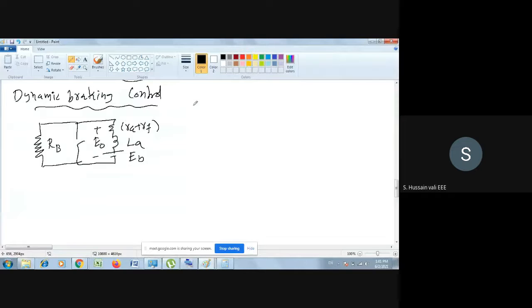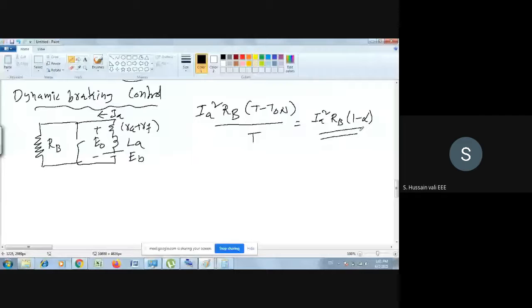IS into IA, so IA square into RB into (T minus T on), whole divided by T. This is the average power dissipation in RB. This is the formula we got there. Here also the same thing: IS square into RB into (1 minus RB). So this is the average power dissipation.